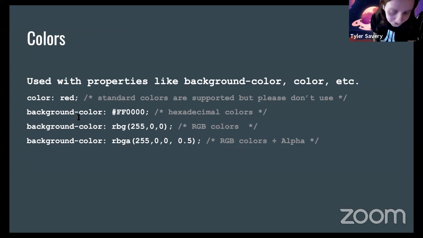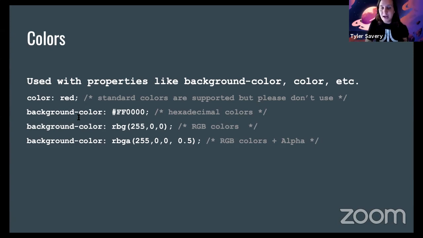Colors. These can be used for things like the color of a font or the background color of something, and we can just put literally a word of a color, like red, green, cyan, magenta. Now, don't use this, because only if the browser knows what that color means is it going to render that.